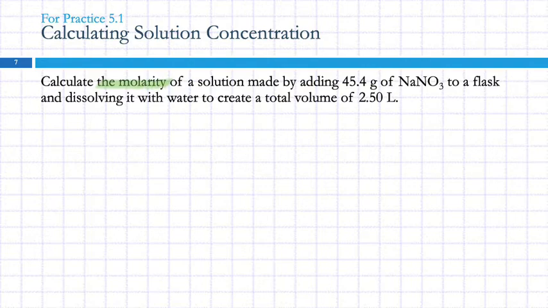And then they're giving us a mass of NaNO3 and a volume. Calculating the molarity, like calculating the density, you're going to use the equation. So molarity, capital M, equals moles divided by liters. That's the short version.